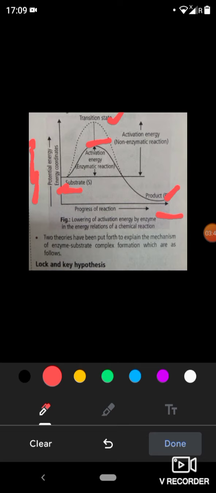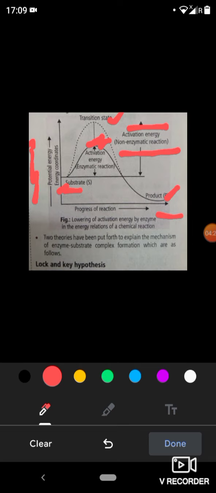You can see that when the activation energy is more, it is a non-enzymatic reaction, and when the activation energy is less, it is an enzymatic reaction. That means the enzyme enhances the reaction by forming the enzyme substrate complex and lowering the activation energy.